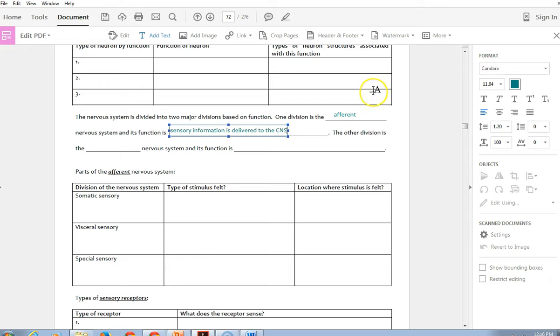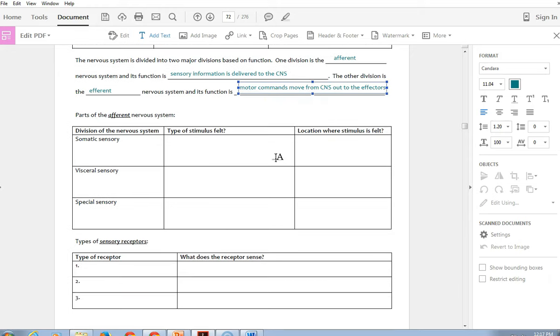So that's the afferent division, which brings things in to the brain and spinal cord. The other division is the efferent division, and I always think E for exit, because motor commands move from the CNS out to the effectors. So afferent brings information in, efferent takes motor command information out.